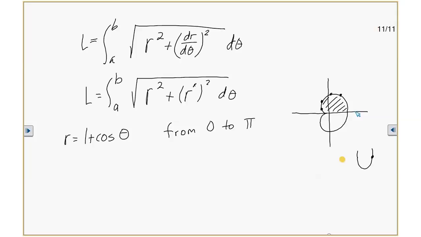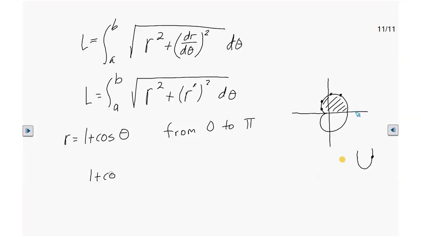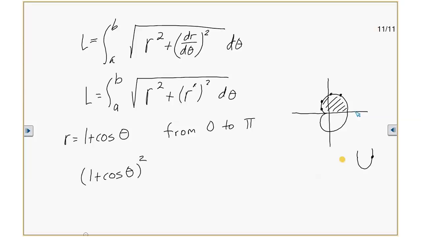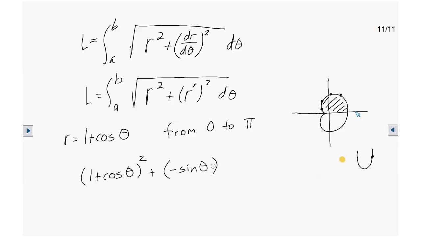All right, so basically, I'm not going to do the antiderivative yet. We have 1 plus cosine theta, squared, plus parentheses, negative sine theta, squared.